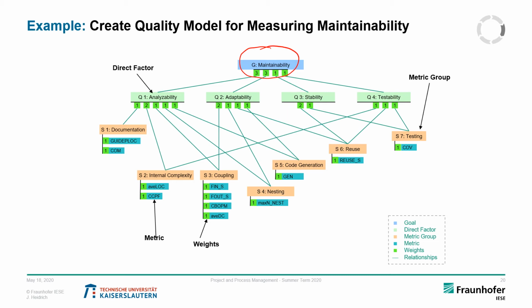And then for each of these sub-aspects, we have assigned different metric groups. For instance, this group is dealing with documentation, and we have different metrics assigned to that, like comments per lines of code or commented lines of code. These are two metrics that are assigned to that group.